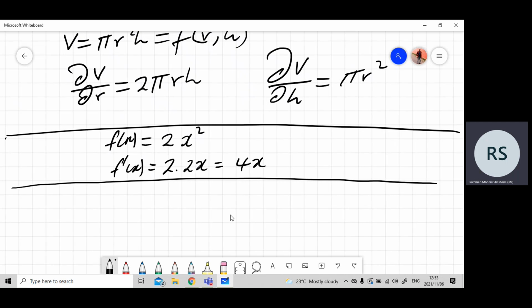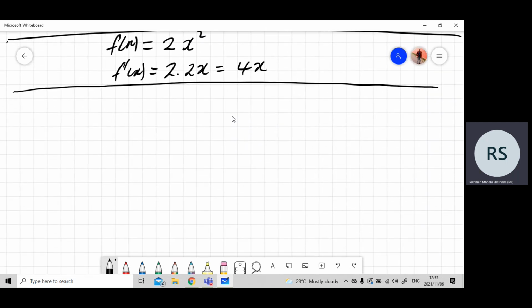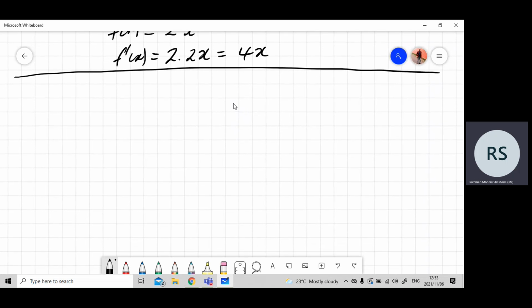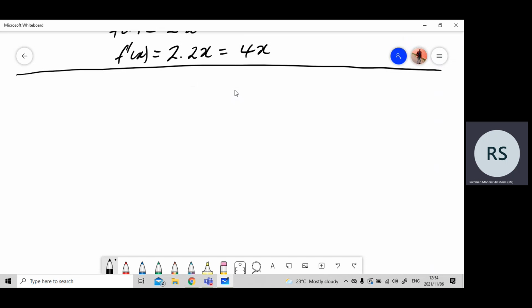So we're not going to limit ourselves with a volume. So any function of at least two variables, you just follow the same step. I'm going to do the example here. Example 2.